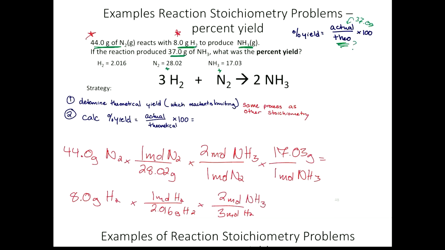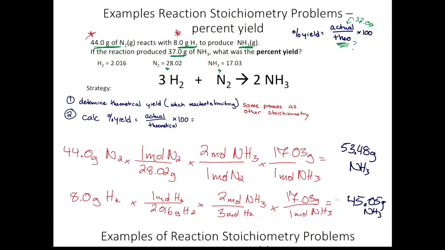Whoops, and now I need to get the mass of ammonia, so 1 mole of NH3 on the bottom, 17.03 grams up top. And so what I get for these two values is if all the nitrogen reacts, you get 53.48 grams of NH3. If all of the hydrogen reacts, 45 grams of NH3 is produced.